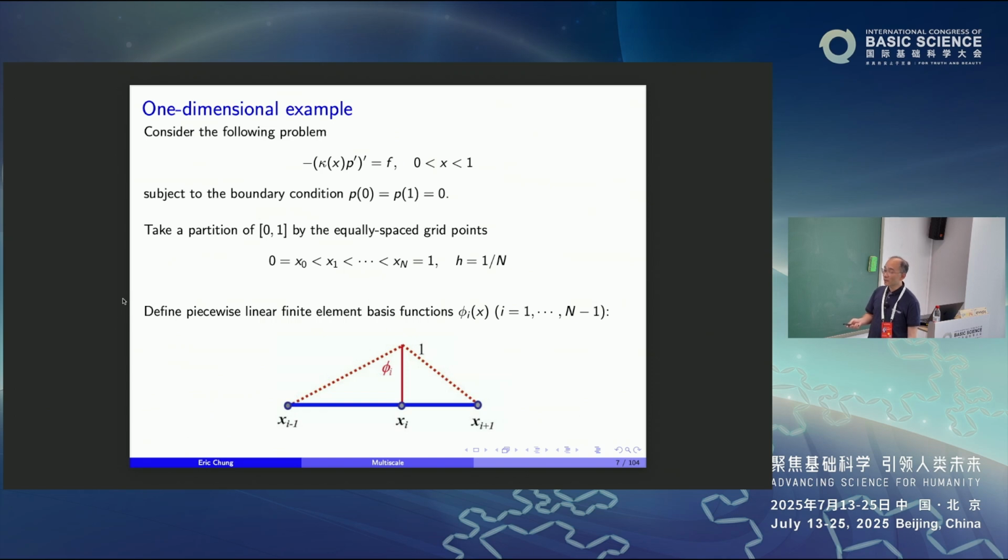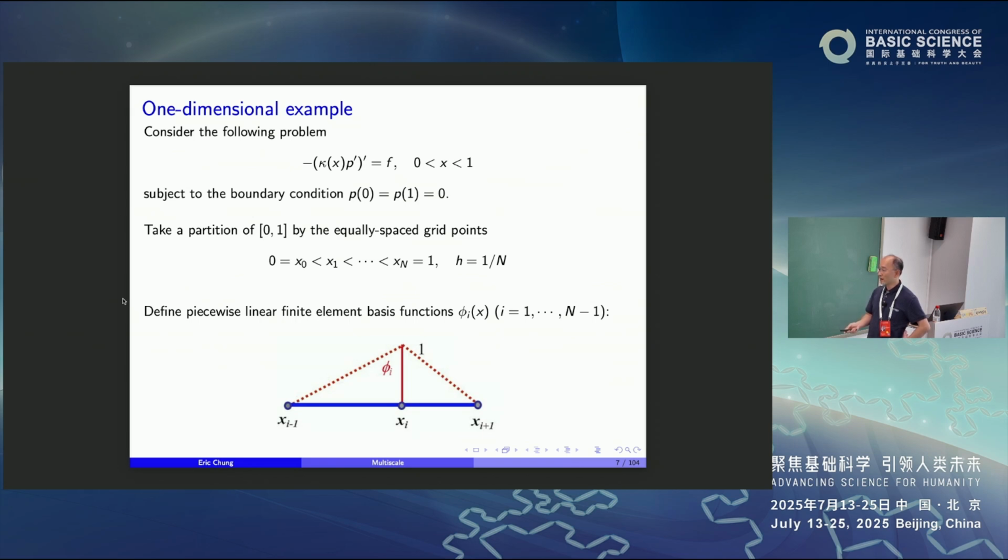Typically what you will do is take this one-dimensional domain and put some nodal points. Then you try to approximate the solution P by some piecewise linear basis function phi.